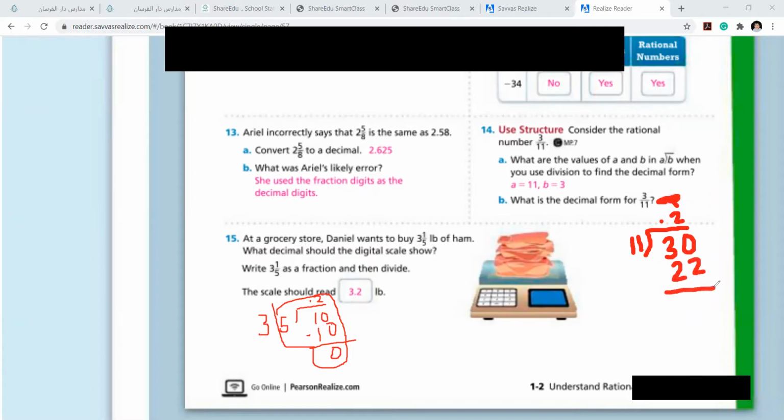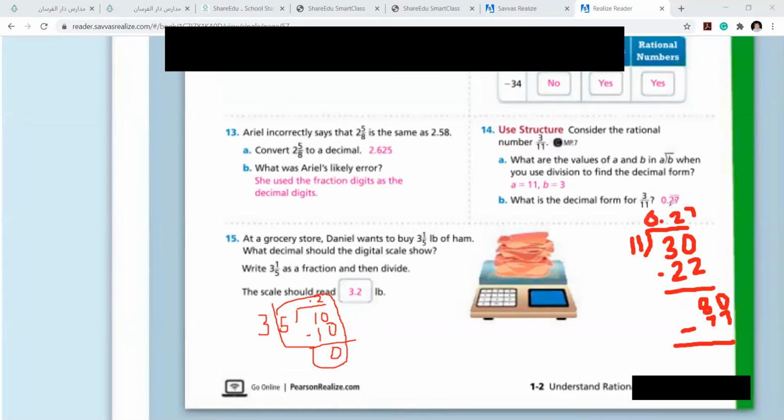Yes, very good. You got 0.27. So this is called which decimal? This is called a repeating decimal. This is the answer, 0.27. Yes. Got it?